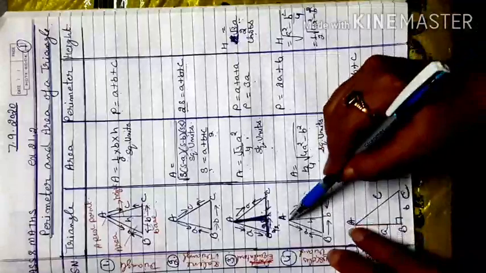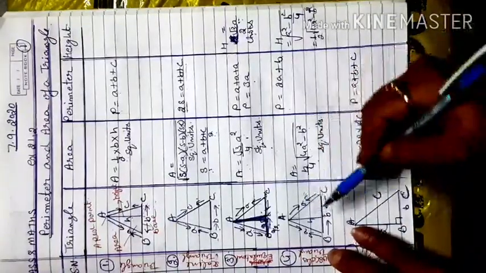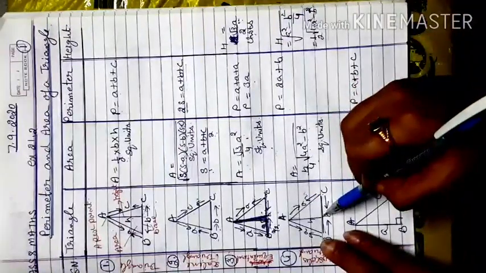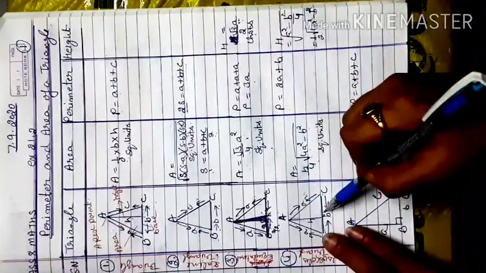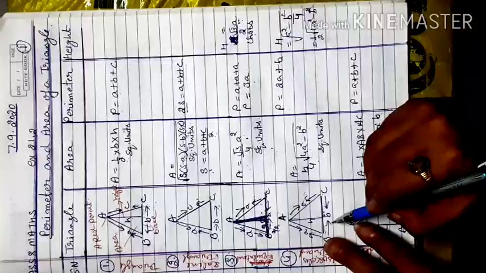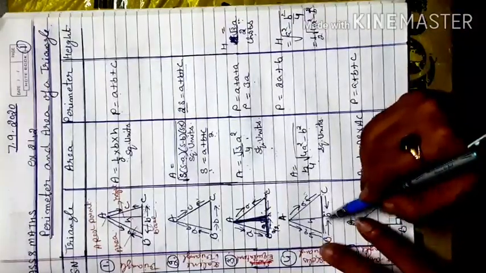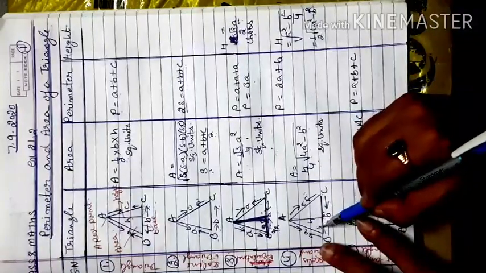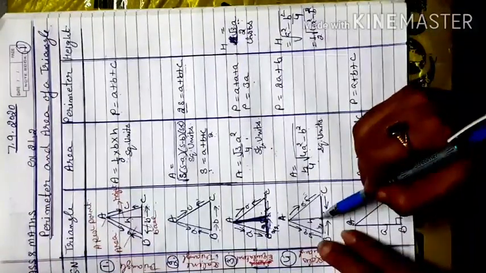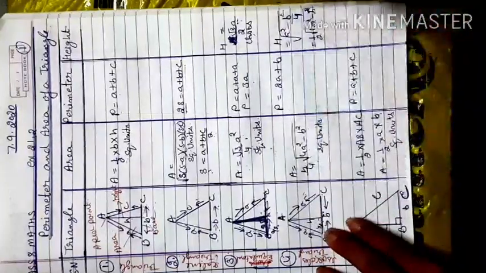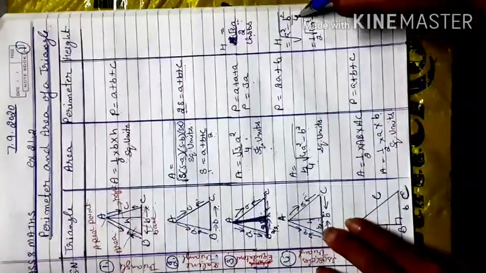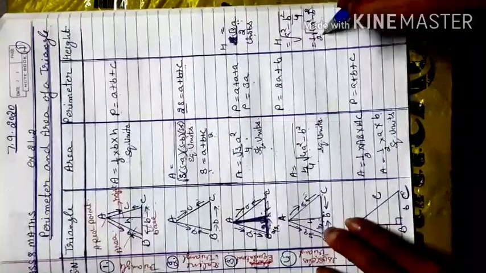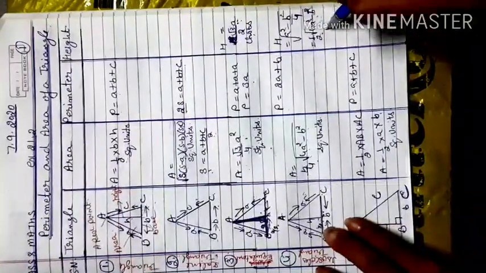If you have to find the height of this one, the formula is ultimately the same, half into base into height. So here half of this becomes b by 2. Again when you apply Pythagoras theorem, that becomes a square minus b by 2 whole square, root. When you solve that, it gives you 1 by 2 root 4a square minus b square. So that is the height.